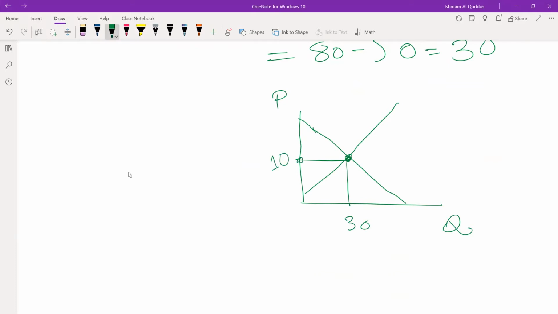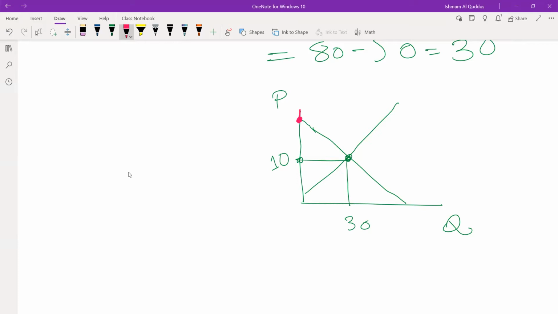So now how do we find out the consumer surplus? So this point, this is the extreme point where we basically see the maximum willingness to pay, right?